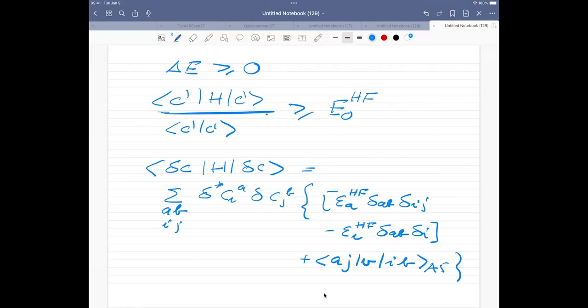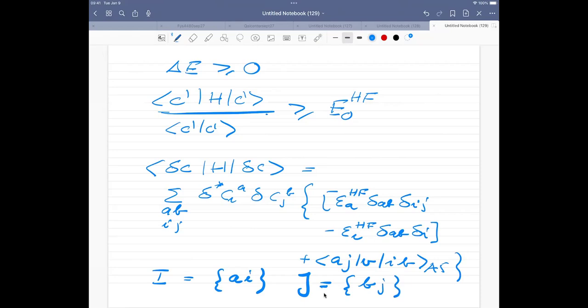Now I'm going to introduce a little bit more compact notation. I'm going to define this in terms of particle hole configurations. So I'm going to introduce a label I, which now is going to stand for the states AI. And then you see that I can replace the summation of AI with I. And then I'm going to have an uppercase letter J, which is now going to contain the other particle hole state which we generate here.